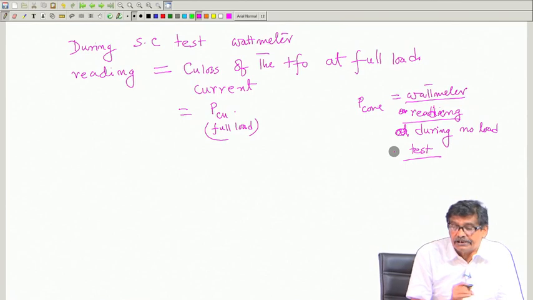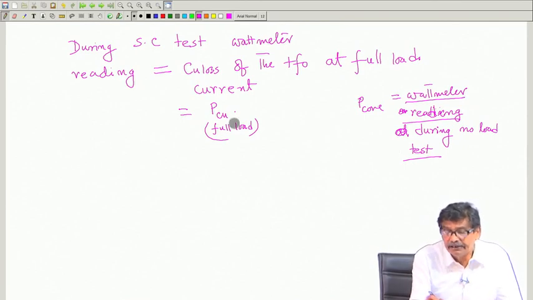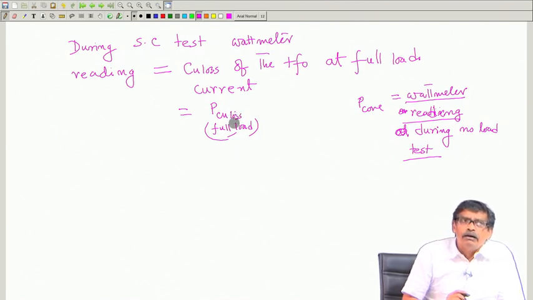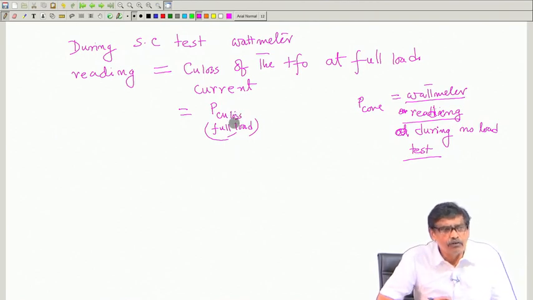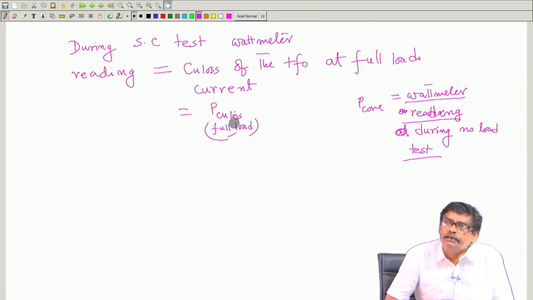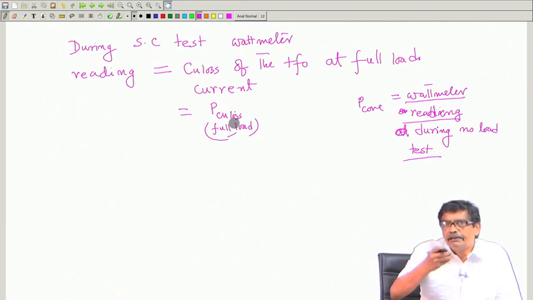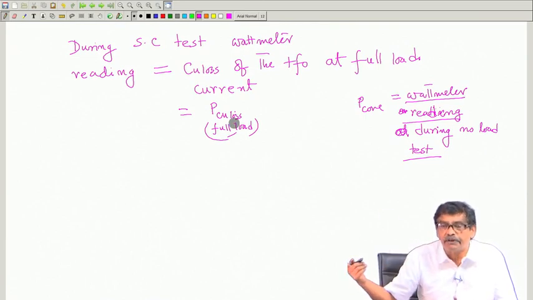Now, the big question is, okay, this is the copper loss at full load, then what will be the copper loss when the windings will be carrying half the rated currents? Because the level of the current the windings will carry depends upon what impedance we have connected on the secondary side.